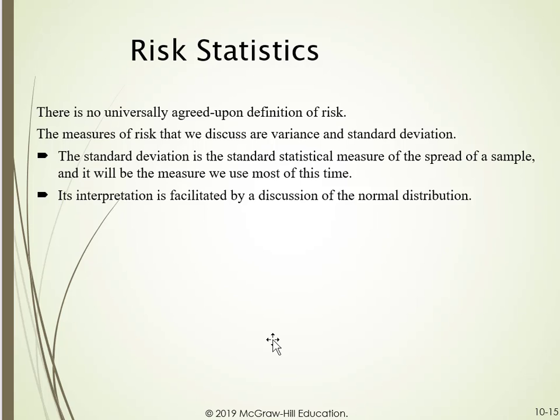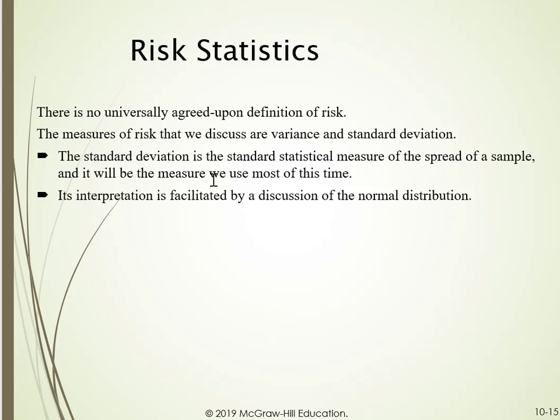Standard deviation is the statistical measure of the spread of a sample, sometimes referred to as dispersion, and this is the measure we're going to use most of the time. The basis of this is a normal distribution. Many of us are familiar statistically with what a bell curve looks like. This is a normal distribution.